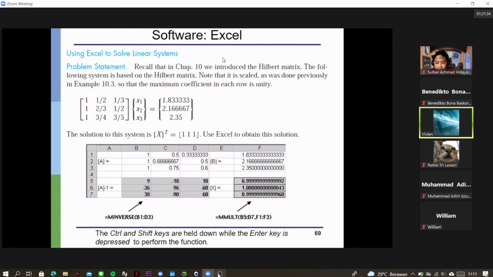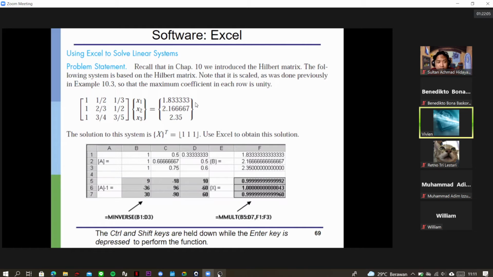So we write down the matrix. For the first row is 1, 0.5, and 0.333, for example. Or you can insert directly here, half, 1/2.